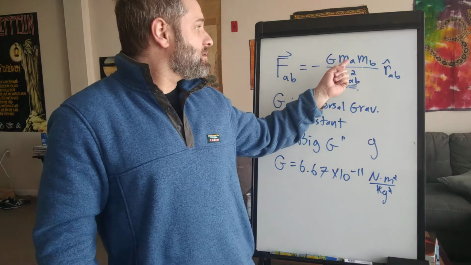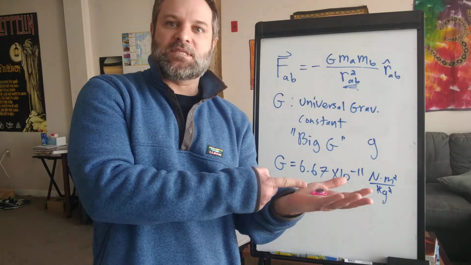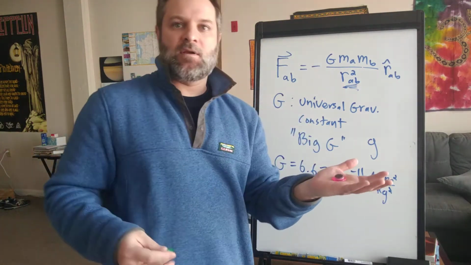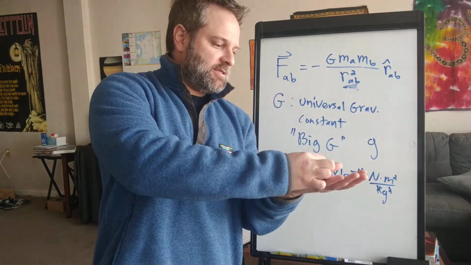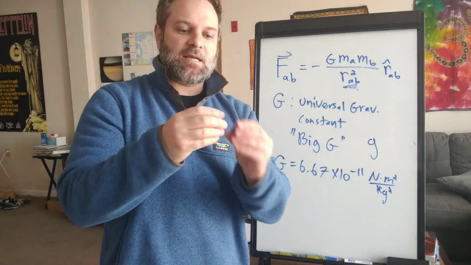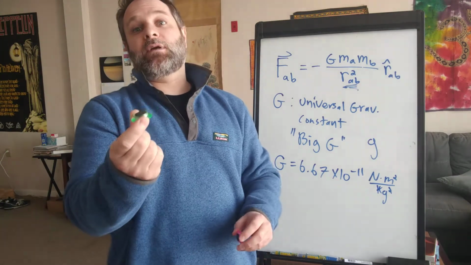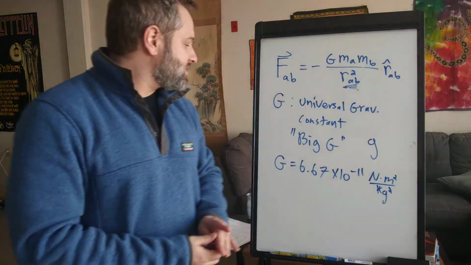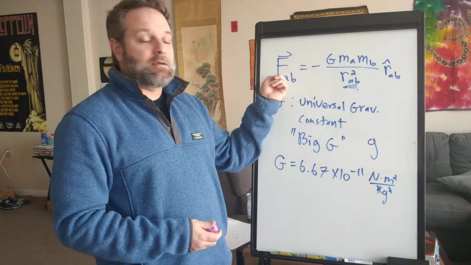So the mass of the entire Earth is generating the gravitational field that holds this magnet in the palm of my hand, right? There's a force pushing down on it. If I take another magnet, which is very small compared to the Earth, I can easily pick up that other magnet, okay? Which means that the magnetic field generated by this magnet is overpowering the gravitational field generated by the entire Earth. So this number is so small, and this means that the force of gravity is so weak.